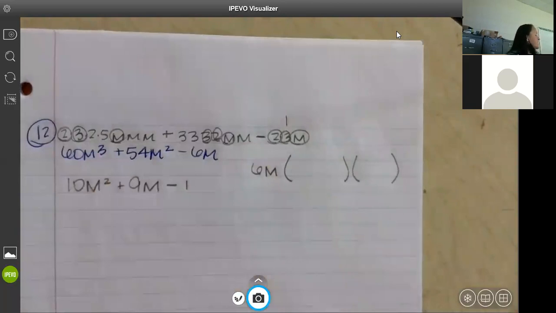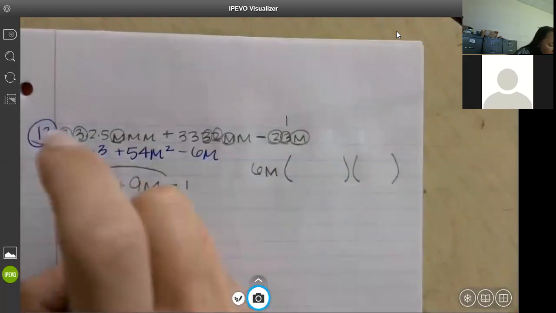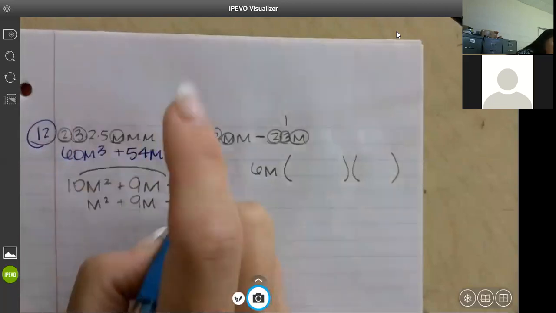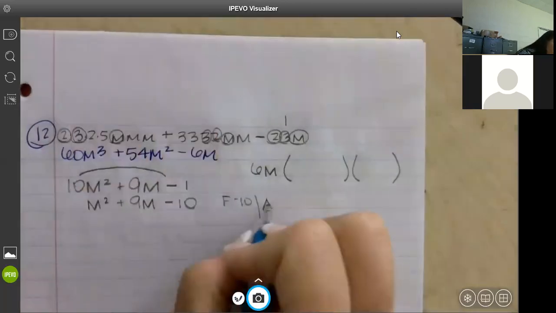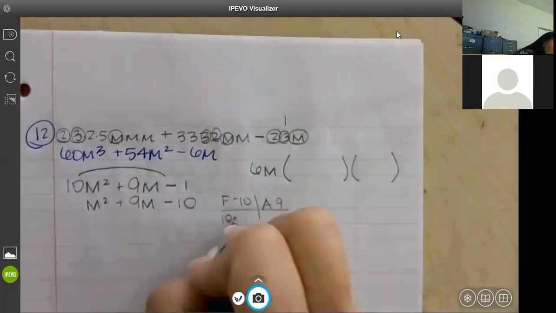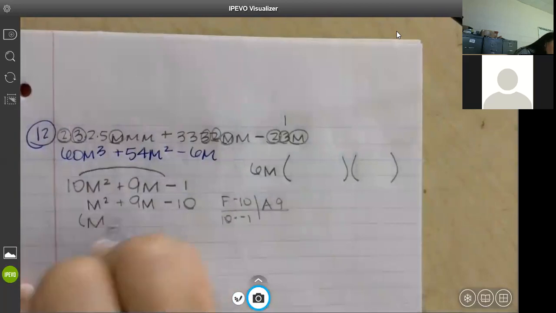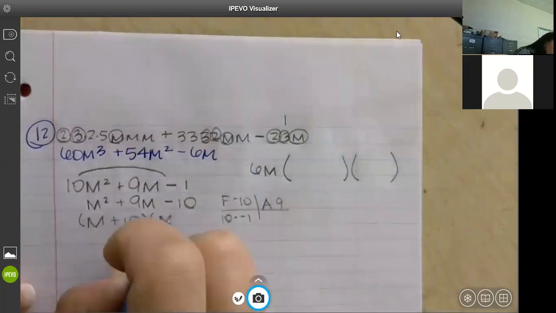And I told you the rest of this is going to be slide and divide. Okay, so you're going to pull out a GCF in this column and slide and divide. So we're going to slide our 10 over. We get M squared plus 9M minus 10. I need factors of negative 10 that add to 9. Those will be 10 and negative 1. So I get M and a positive 10, M and a negative 1.